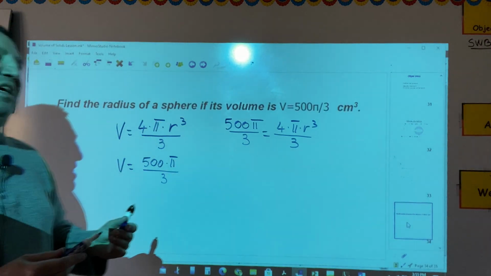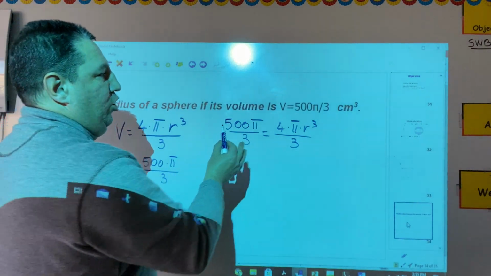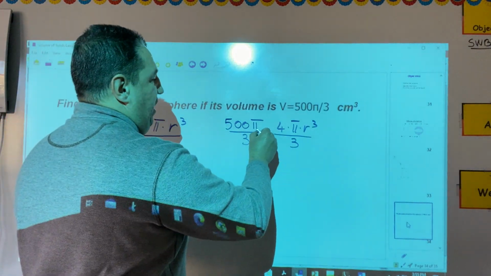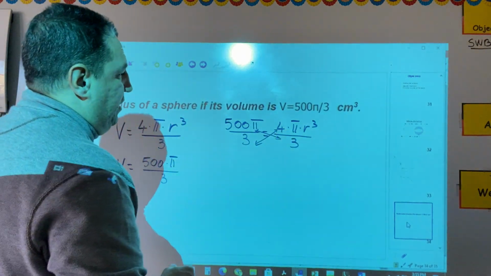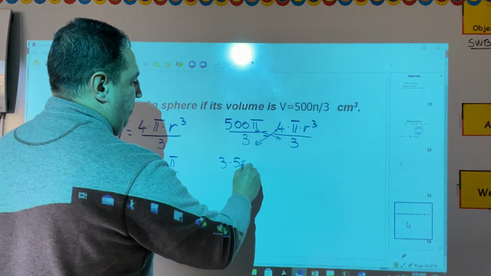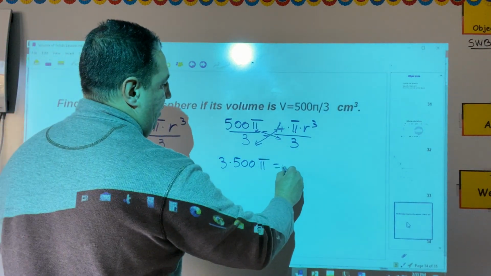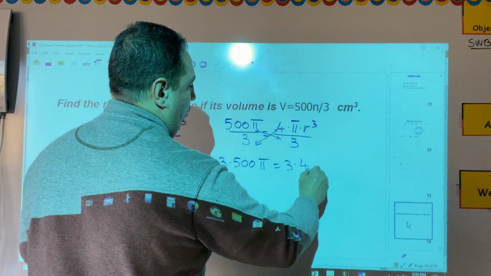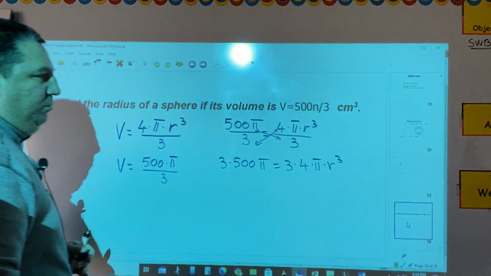So we have a kind of a proportion, right? To solve this proportion, we use cross multiplication. So we multiply 3 by 500 pi and 3 by 4 times pi times r cubed.